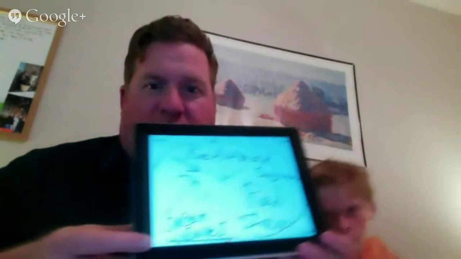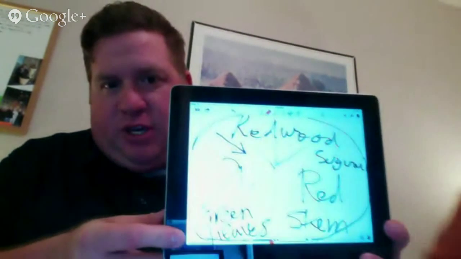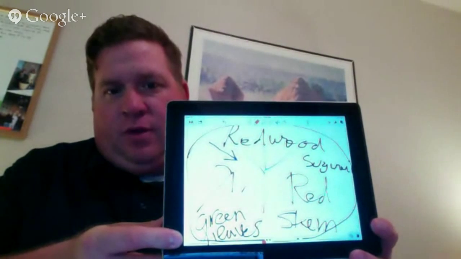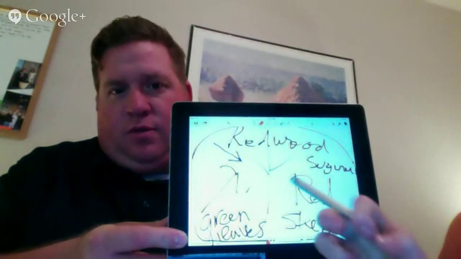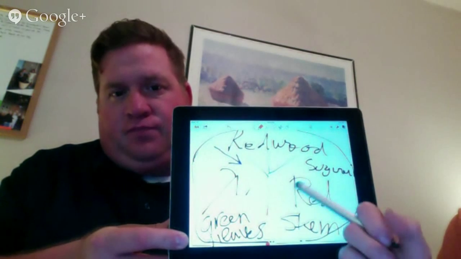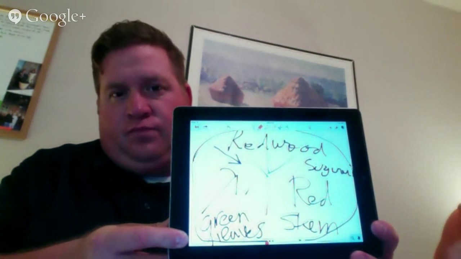All right. So, bud, why don't you explain to me what's going on here in this picture? Hopefully everyone can see it. Okay, this says redwood, and this says sequoia. They're the same thing. And they both have red stems, both the seedling and the tree, like they're the red base.